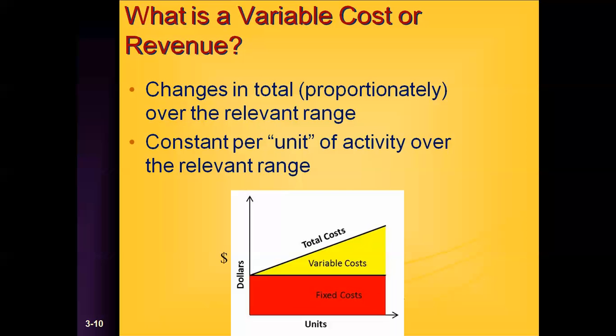So you want to, again, kind of get tattooed on your brain the idea that variable costs change on a per unit basis, because variable costs are typically the direct materials used to produce a product. Again, in the iPhone example, those would be the cost of a screen, the cost of a processor, the cost of a case, the cost of software.